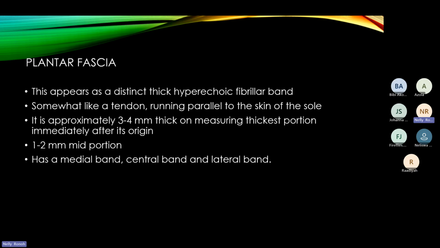For plantar fasciitis, it most of the time happens just after its origin because of the rubbing from the bone itself, and it's supporting a lot of weight. So it is prone to inflammation. So most of the time where we check would be just after its origin.